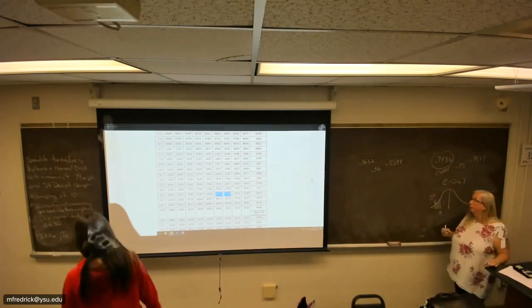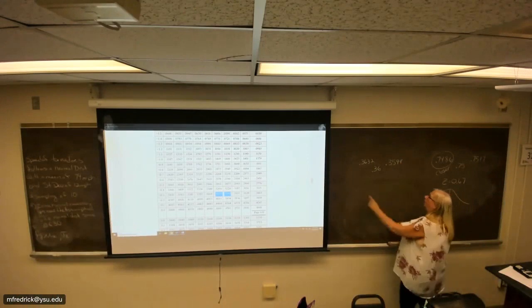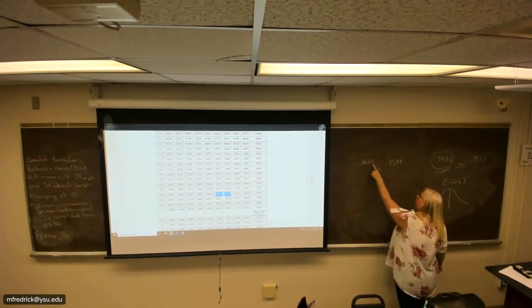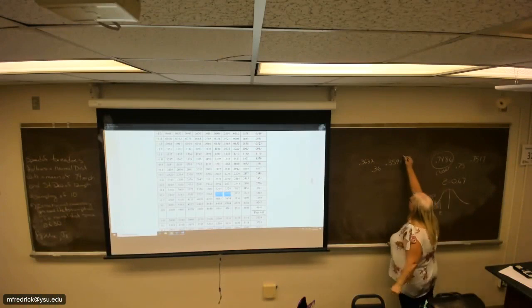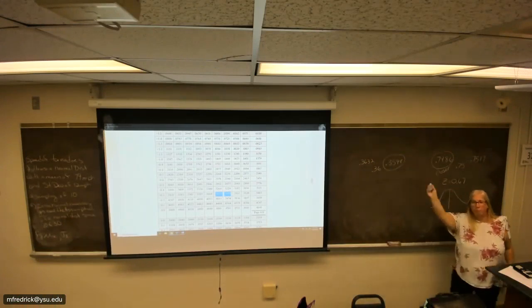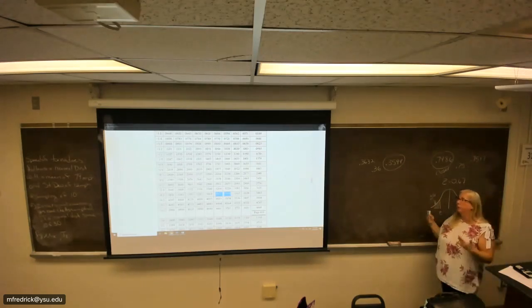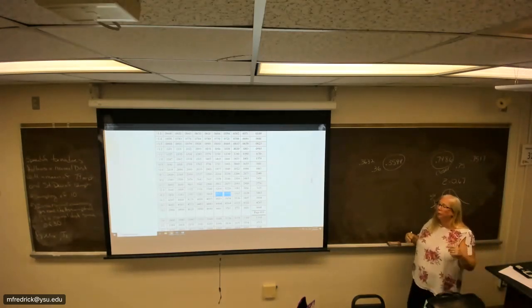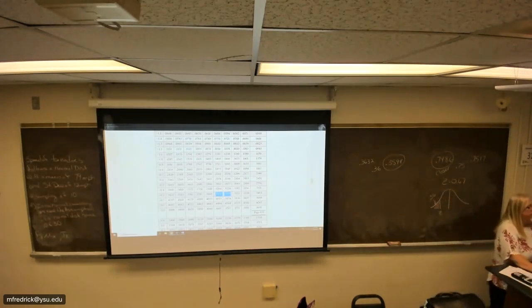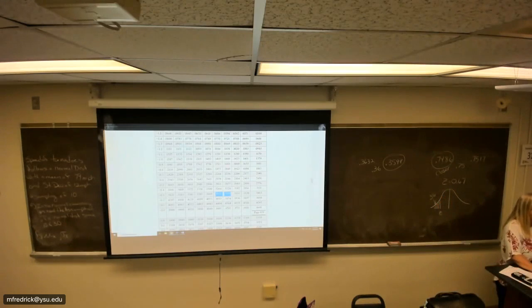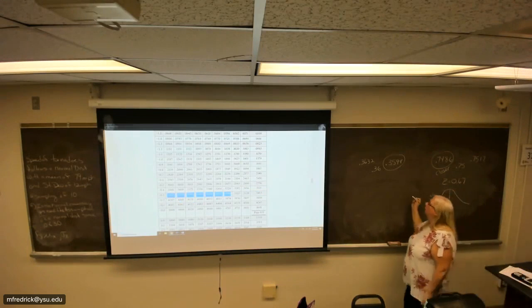Which one's it closer to? It's 0.0032 from this one. This one, it's just 0.0006, so it's closer to this one. You could subtract 0.36 from both of them to see which closer. So it's this one. So then we go across and get negative 0.3.